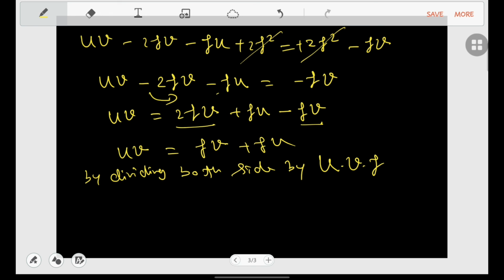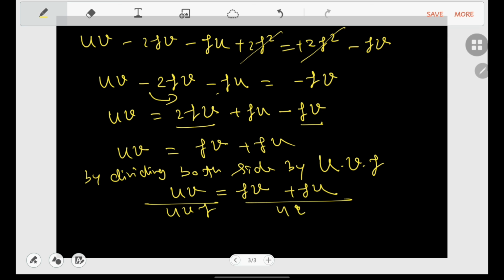After dividing UV equals FV plus FU by UVF, UV will cancel out and only 1 upon F will be formed, equal to, from FV, FV will cancel, we get 1 upon U, plus FU, FU cancels out and only V is left, so 1 upon V.